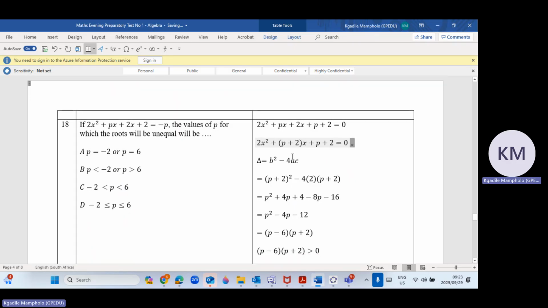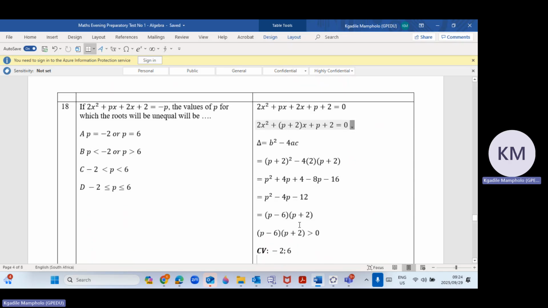Then you substitute b, you'll have p squared plus 4p plus 4 minus 8p minus 16. Then you write it in the simplest form. Then you'll have p squared minus 8p minus 12. Then when you factorize, you'll have p minus 6 into p plus 2.